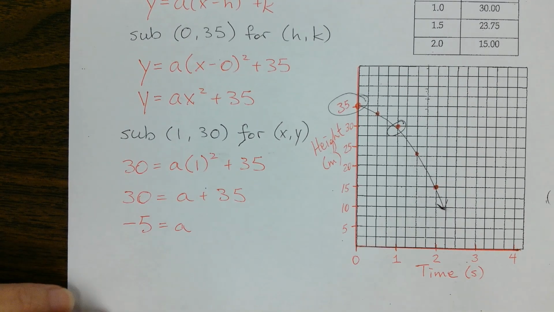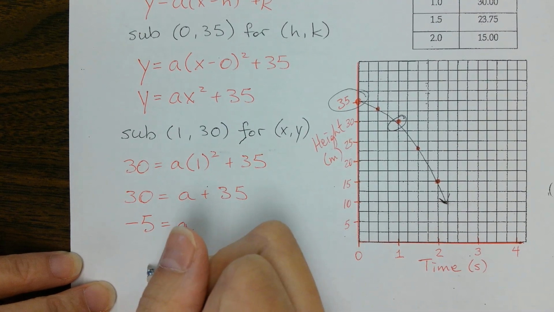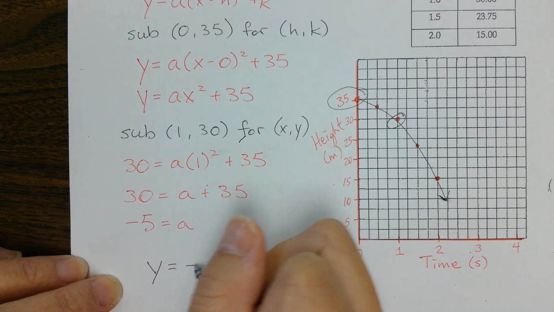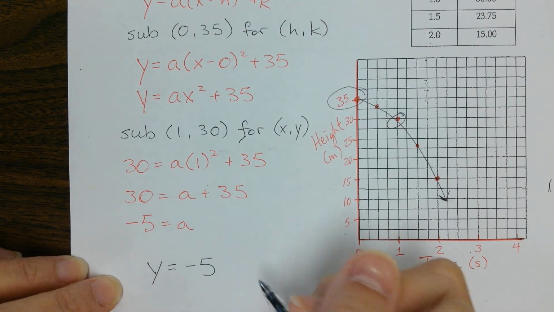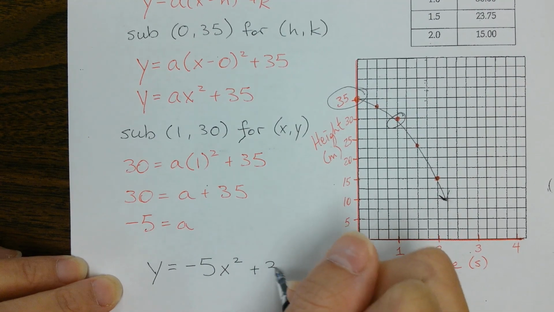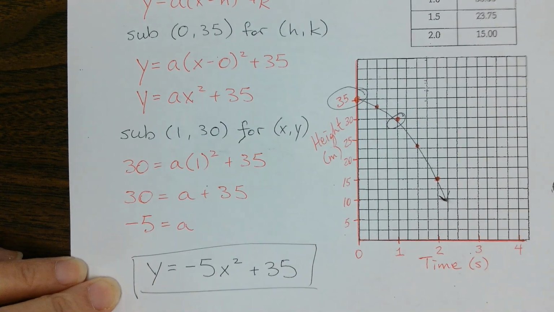So what is my final equation then? So therefore, the parabola has the equation y equals negative 5x squared plus 35. Okay. It was instant.